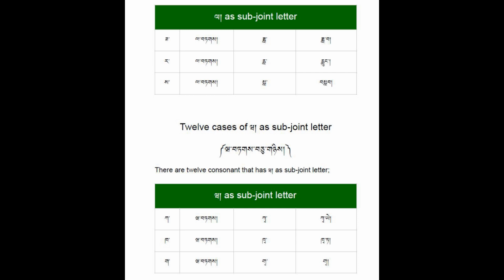So we have 12 consonants which have wa as a subjoint letter. Ka, ka wata, ka wata ka. So you see there is almost no change in the sound with the addition of wa, but it creates a new spelling.